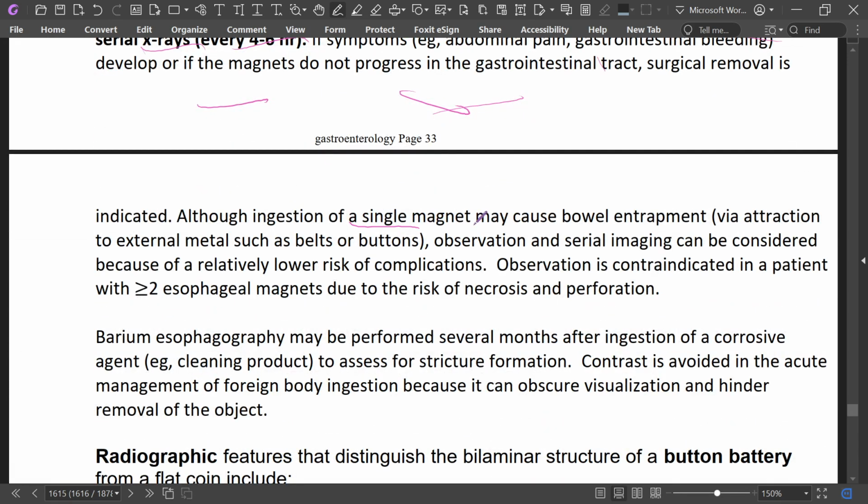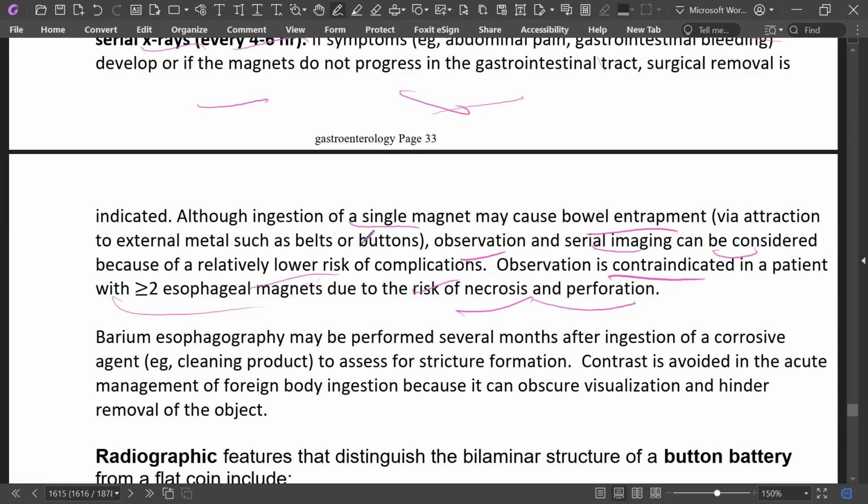Although ingestion of a single magnet may cause bowel entrapment, observation and serial imaging can be considered because of the relatively lower risk of complication. Observation is contraindicated in patients with two or more esophageal magnets due to risk of necrosis and perforation. There is an increased risk of necrosis and perforation, so observation should not be done.